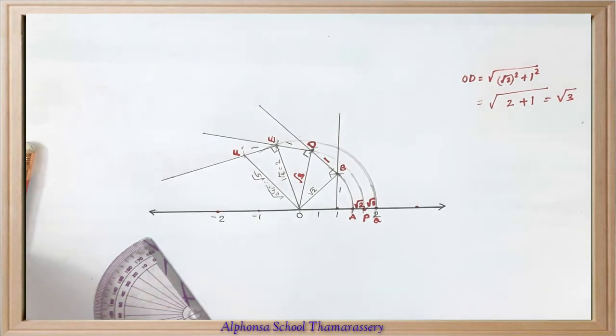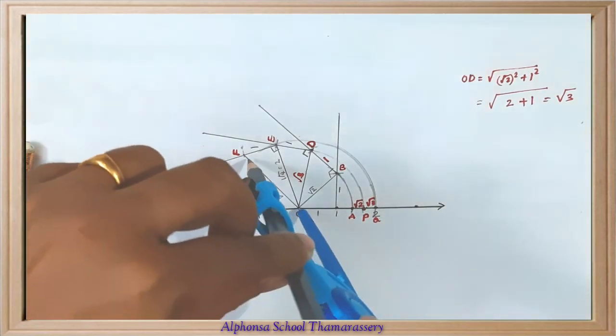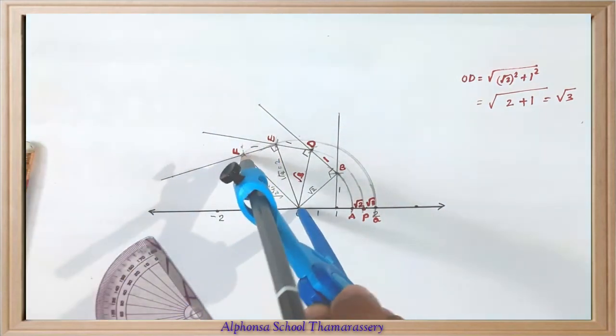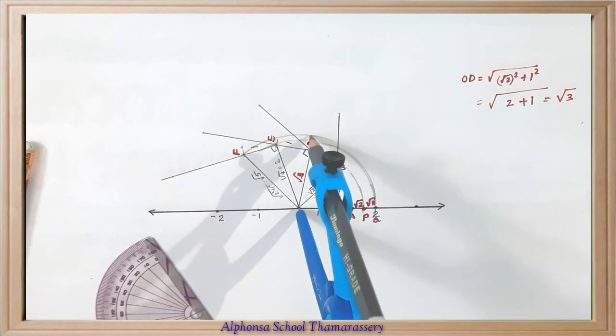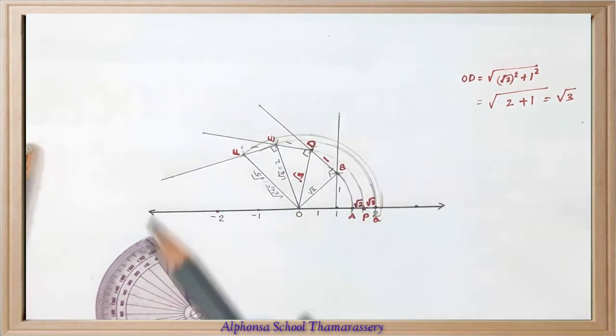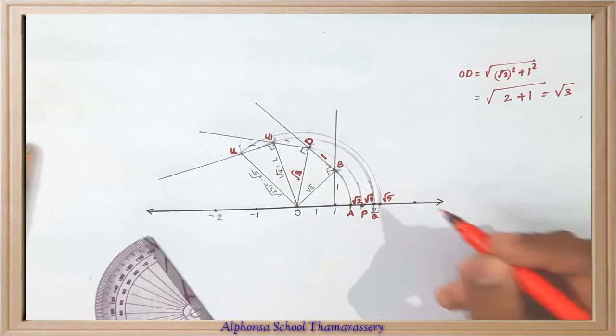Now take a compass, O as a center, OF as radius. Draw an arc. So you can mark the point on the number line, that is root 5.